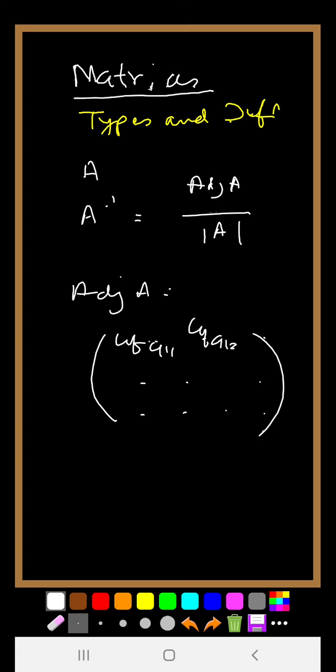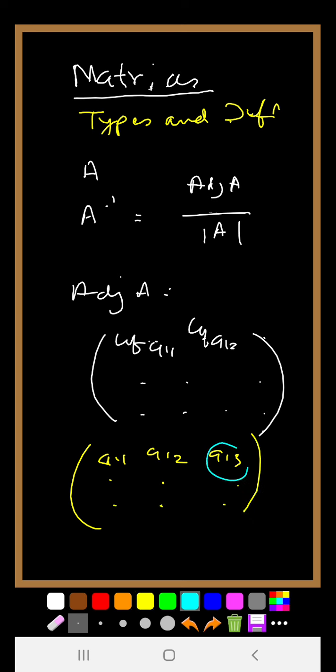And by cofactor we mean that, for the matrix A11, A12, A13, the cofactor of A13 will be its minor, the corresponding determinant, multiplied by (-1) to the power 3 plus 1. That's how it will be. So if we divide this by the determinant, we get the inverse of the matrix.